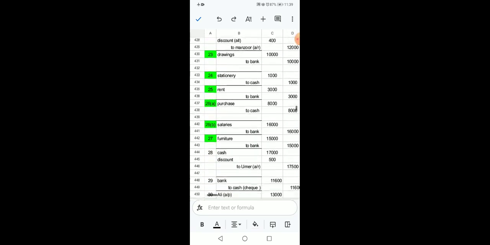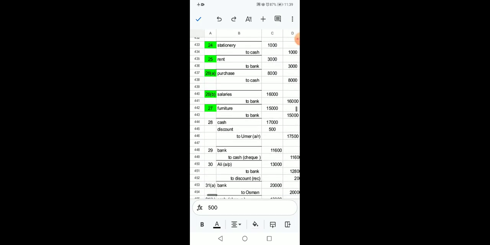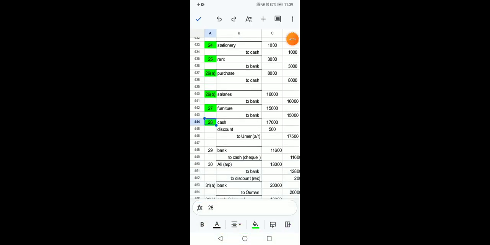So you may write discount over here in 28th entry, which is 500. So write down 500 in the same line. And the reason we have discussed, the reference of 500 and 17,000 is the same, which is Umar. Date is the same, so you may write 500 in the same line. The 28th entry was having two elements, both are posted, means 28 is completed. Mark it as it has been done.